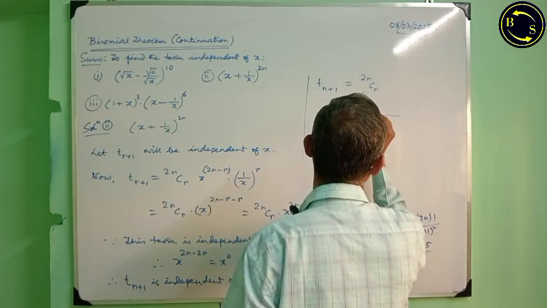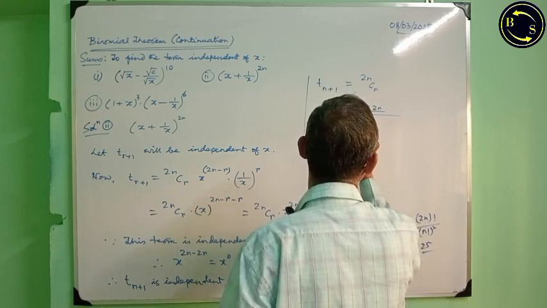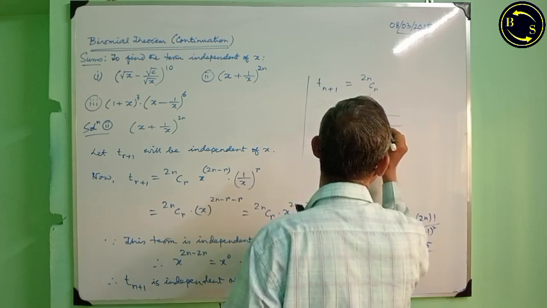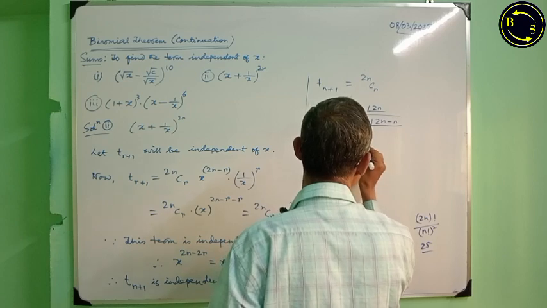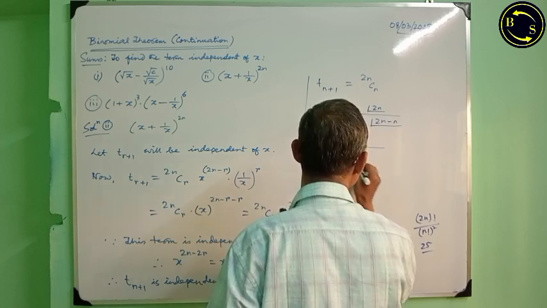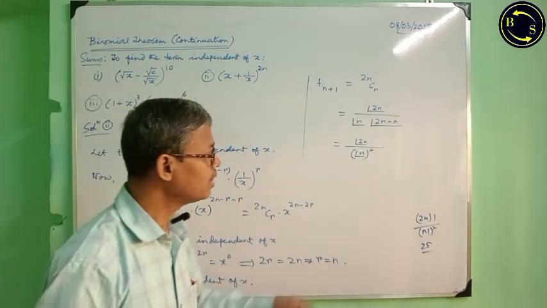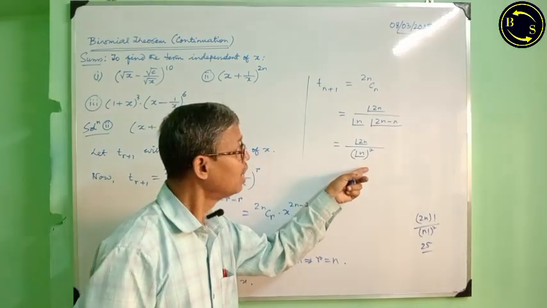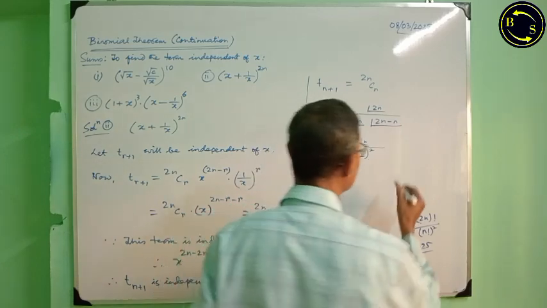This will be factorial 2n by factorial n into factorial 2n minus n, that is factorial 2n by factorial n whole square. Actually in the answer this form is given, that is why I have simplified up to this step. Otherwise you can give your answer up here. This is the answer.